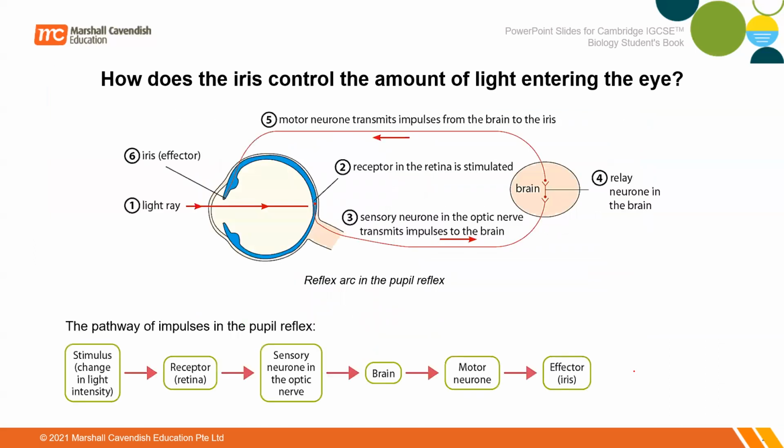Same concept: if he asks about the iris and how it controls the pupil size, you will talk about the stimulus, the receptor, sensory neuron, relay neuron, and motor neuron, then the effector.